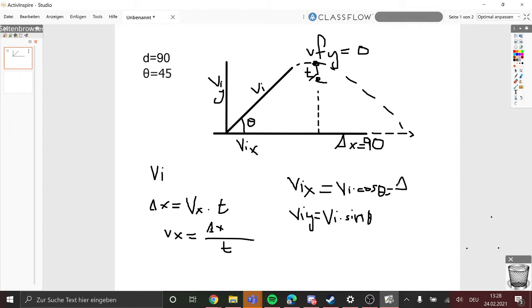So we can basically equate these components.